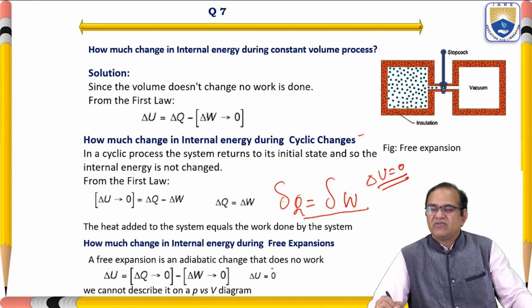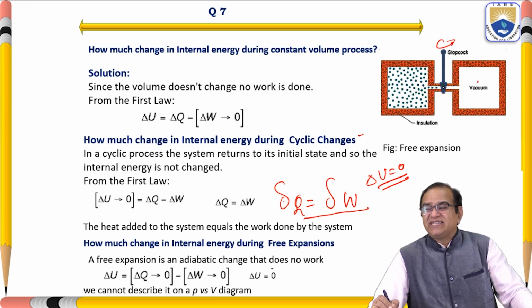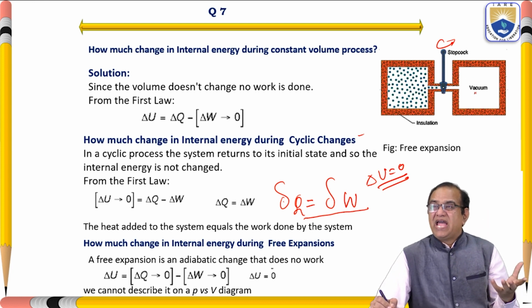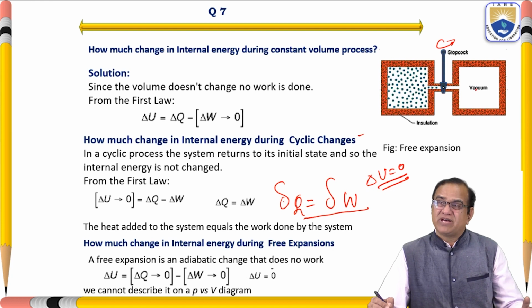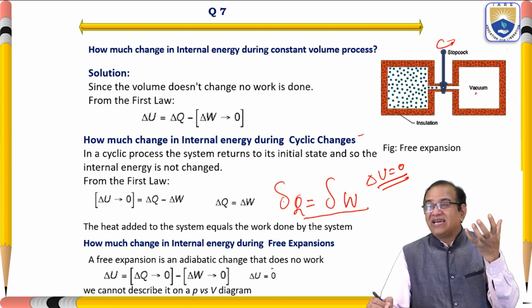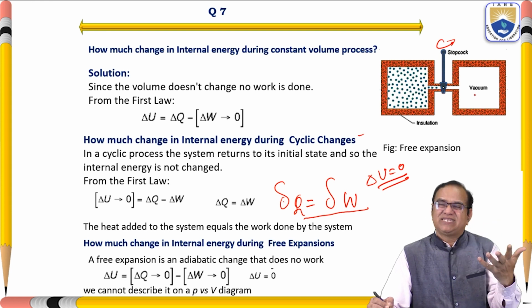There is a valve, a stopcock. If you open this cock, the high pressure gas will enter, and since it is a vacuum, there is no resistance. And you know that work is done only when there is motion against a resistance.